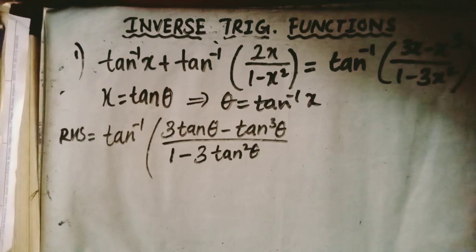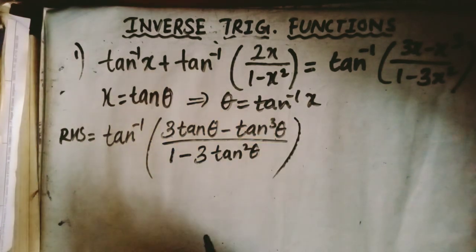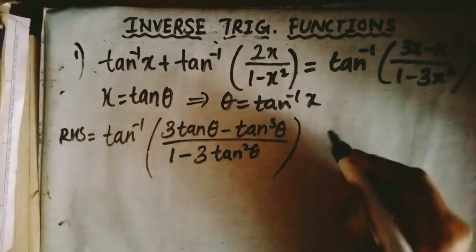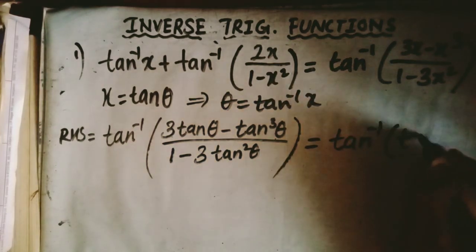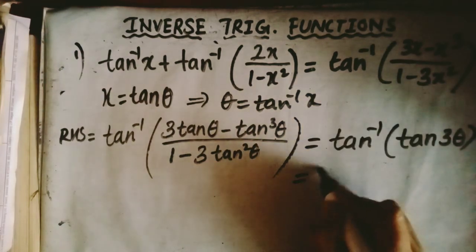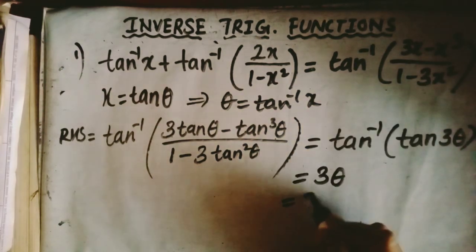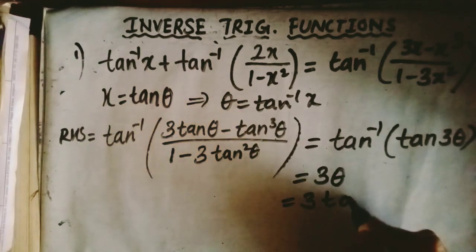Okay, so here you can make use of the identity, which is tan 3 theta. So tan inverse of tan 3 theta, so you will get 3 theta, and theta is tan inverse of x.